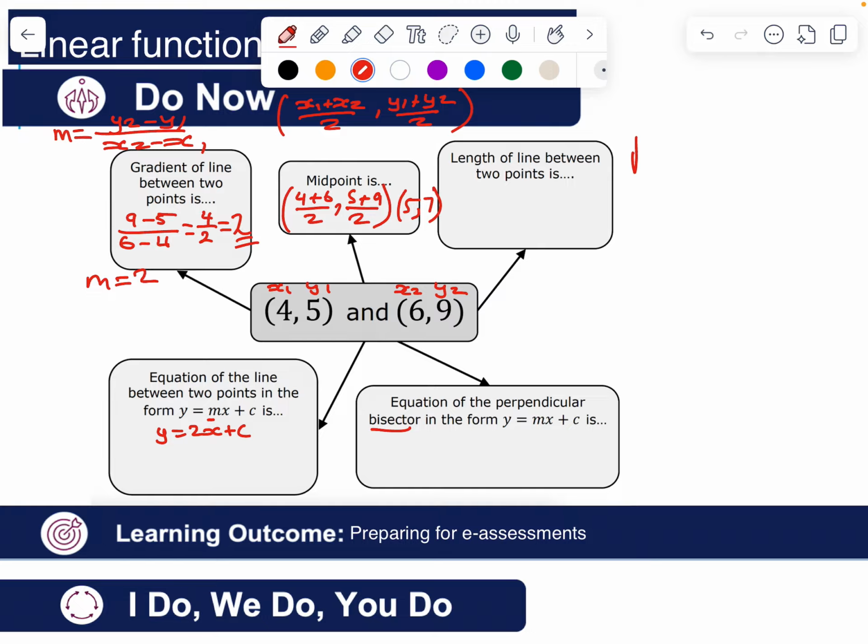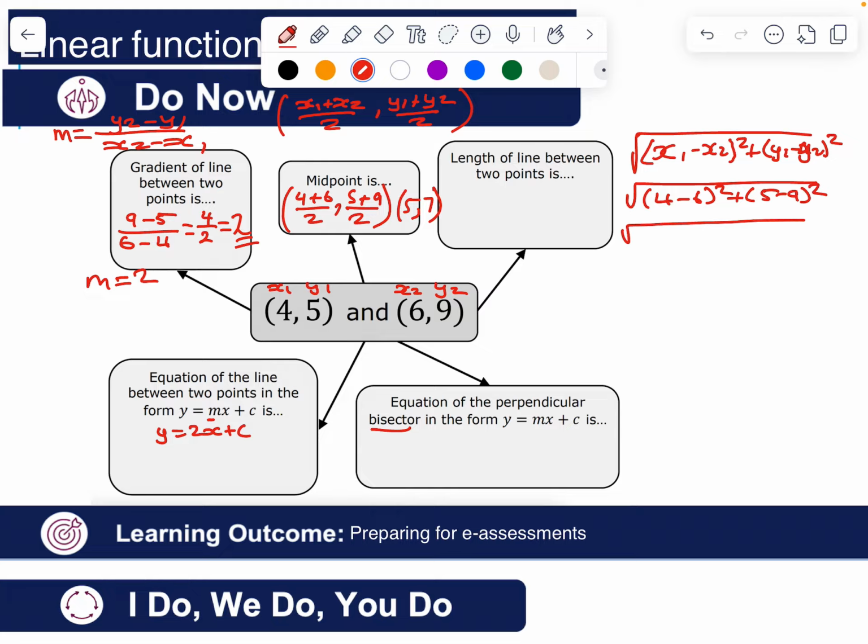Right, then the length is the distance, which on the formula page is the square root of x1 minus x2 squared plus y1 minus y2 squared. So in this question, it's going to be 4 minus 6 squared plus 5 minus 9 squared.